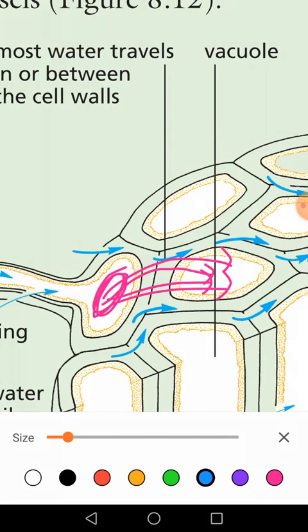Since the ions are moving into the cortex cell, the amount of salt in the cortex cell increases, which means the water potential in the cortex cell decreases. So now water starts to move from the root hair cell to the cortex cell.